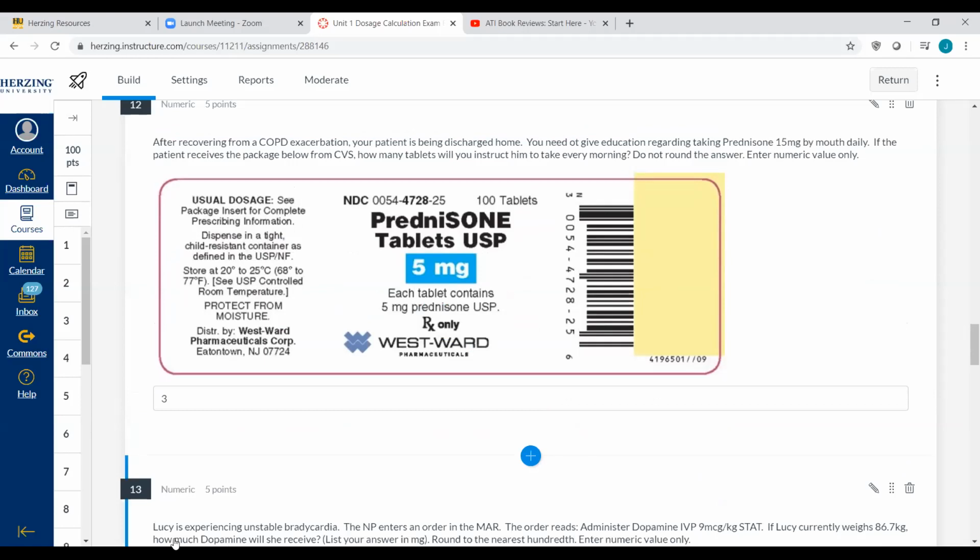So Lucy is experiencing unstable bradycardia. The nurse practitioner enters an order in the MAR. The order reads dopamine, IV push, 9 micrograms per kilogram stat. If Lucy currently weighs 86.7 kilograms, how much dopamine will she receive? They want your answer in milligrams.